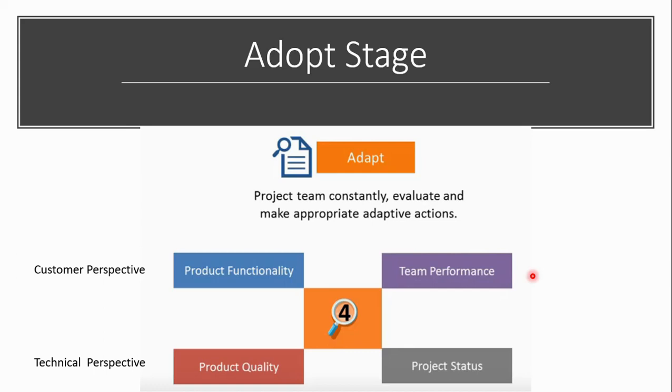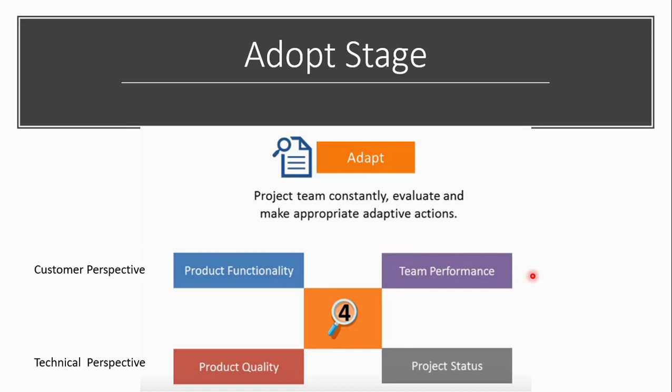It can also have something to do with your team's performance, maybe some issues with team performance, or some programmer is making more errors, or you're behind schedule. So something to do with the team performance parameters, and also the overall project status.